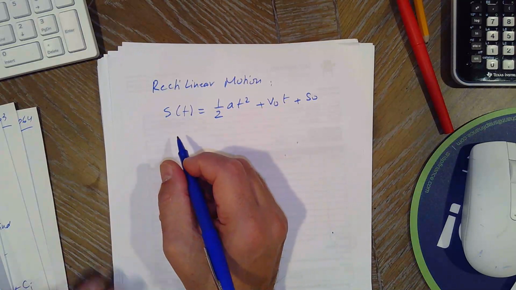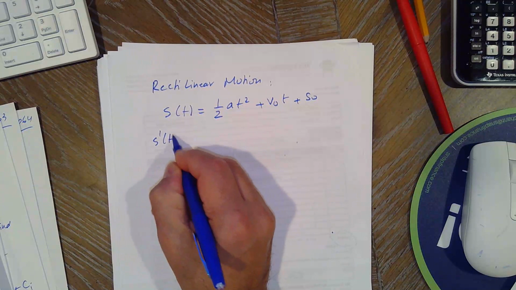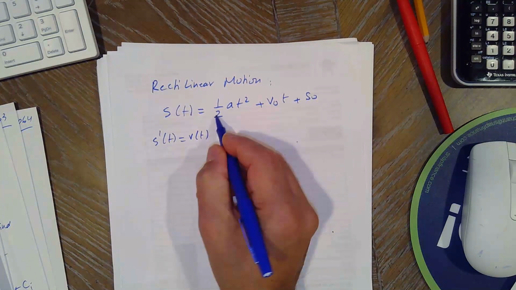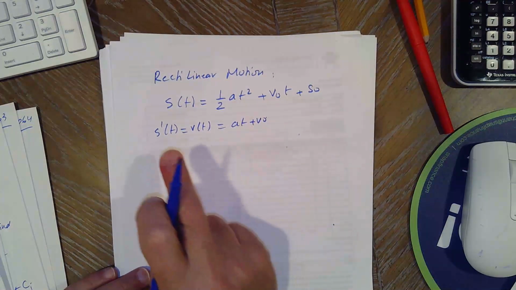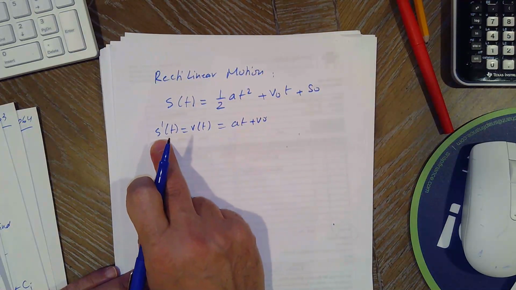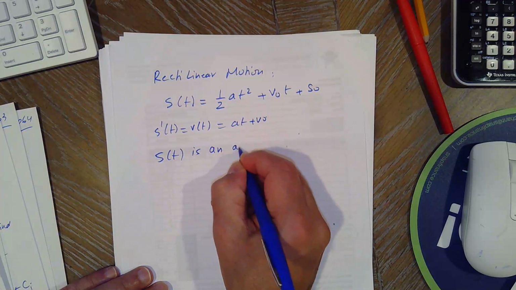And you find the derivative of s of t, it's the velocity, which is going to be at plus v0. So v is the derivative of s, so s is an antiderivative of v.